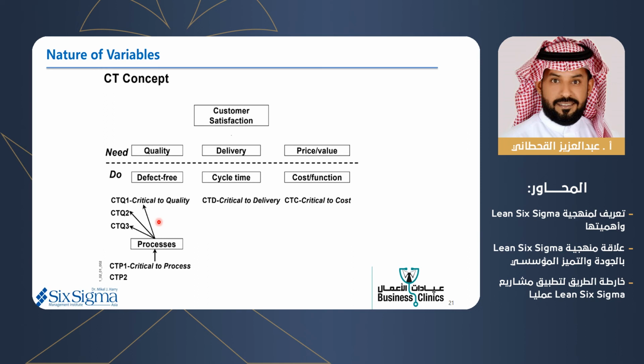That's why electronic companies may have hundreds or thousands of critical to quality. But for a restaurant or a coffee shop, you may have only 5 to 6 critical to quality. As we said, the critical to quality is a step or an action that will directly impact the final quality or final product.